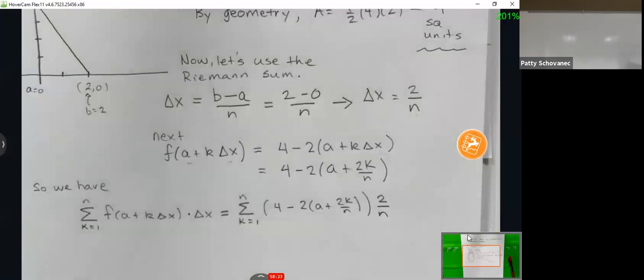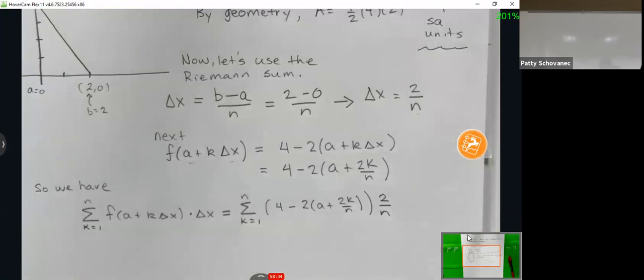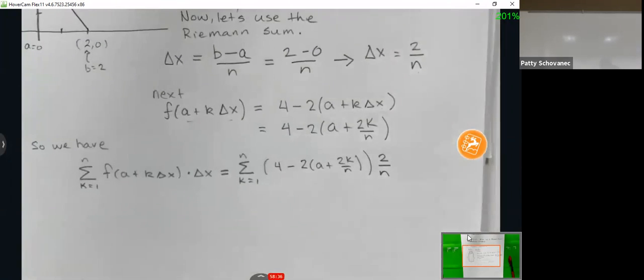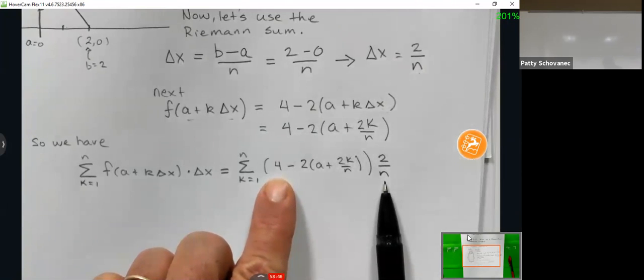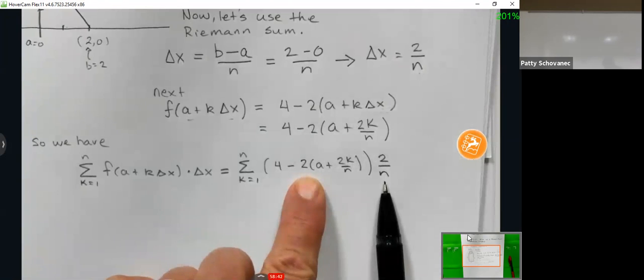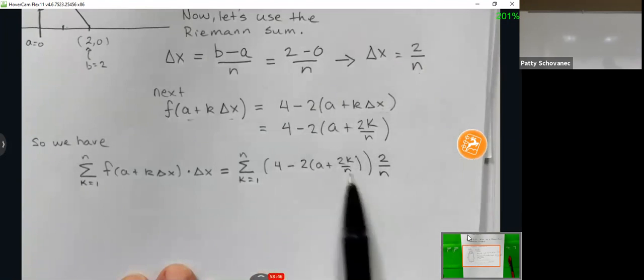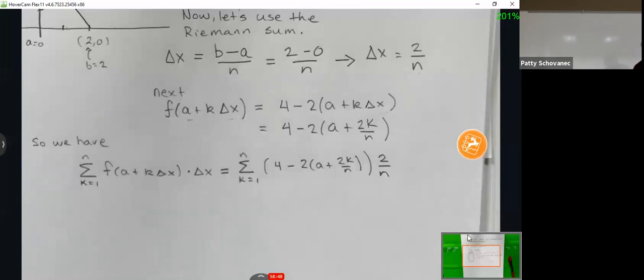We need to simplify that as much as we can, and then we'll apply that limit on our summation symbols. So I'm going to distribute the 2 over n through here, and at the same time distribute the minus 2 through here. So that I'm going to have 3 terms in my summation symbol.